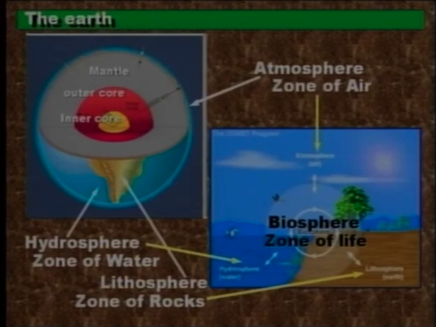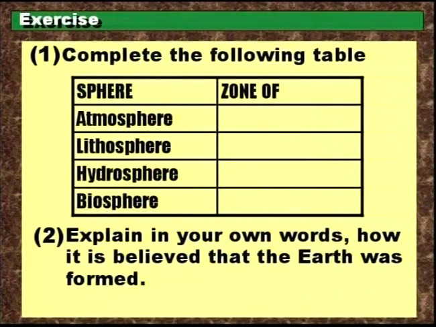What I would like you to do now is, using that information from the monitor and also from your workbook, I'd like you to complete exercise A. And for the first exercise, it is very simple, so that should take you less than 5 minutes to complete, putting in those different spheres or zones and then finding out what each of those zones are supposed to represent.